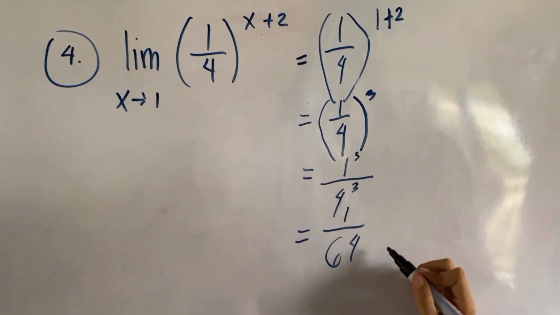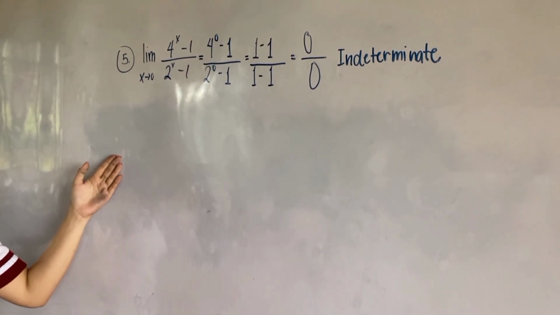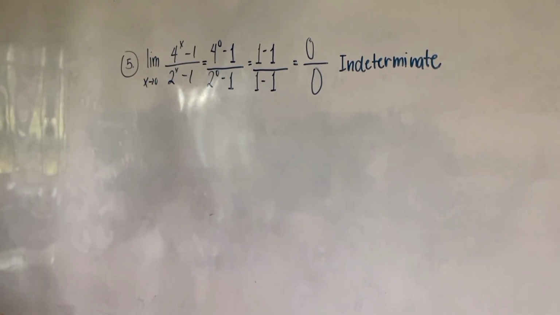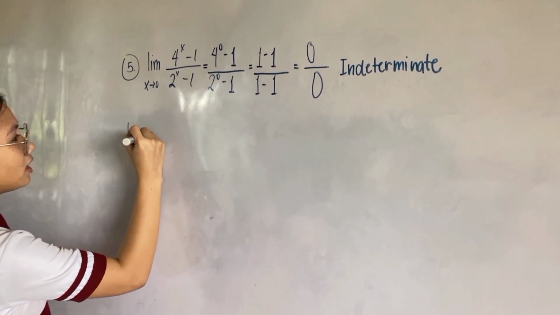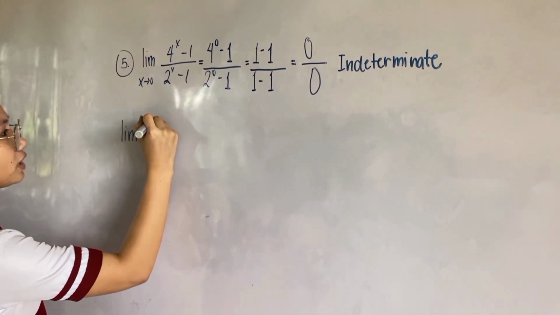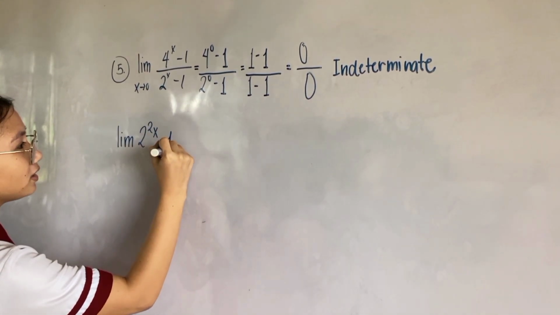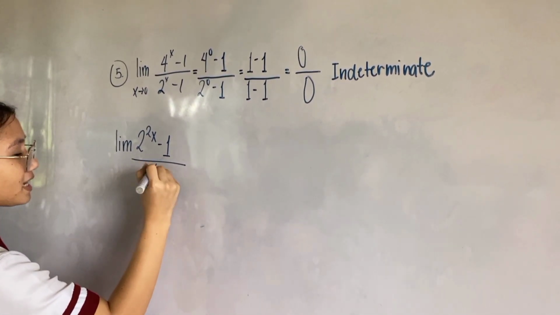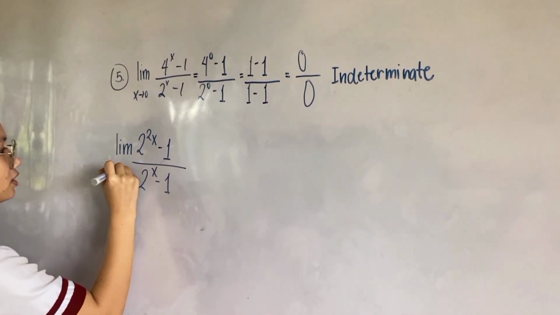1/64. Now, because we cannot solve this equation by directly substituting, we will first factor it, then substitute. So this will become the limit of 2 raised to 2x minus 1 over 2 raised to x minus 1 as x approaches 0.